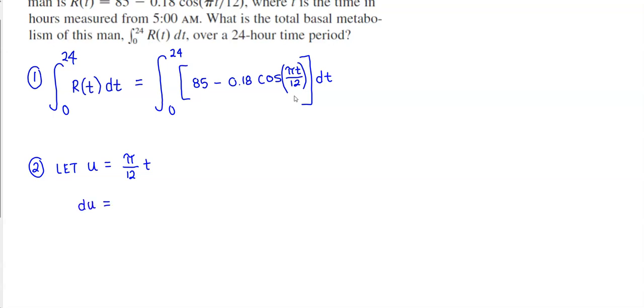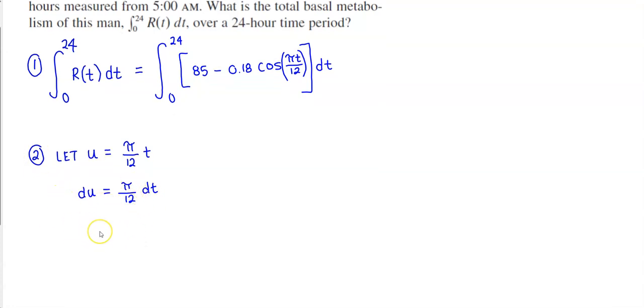So du is going to equal pi over 12 dt. If you notice in the problem, we do not have a substitution for that. So we need to divide both sides by pi over 12, which is the reciprocal. What we end up getting is 12 over pi du, which is going to equal dt.